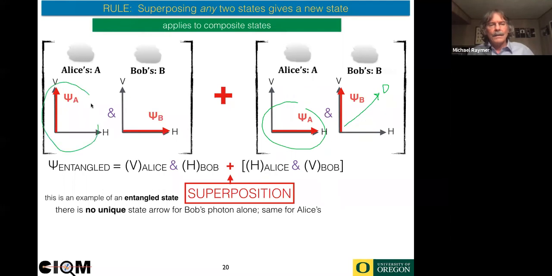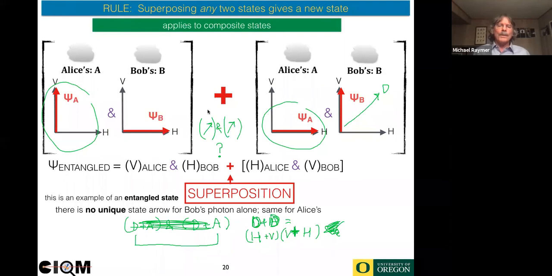Alice's state could still be V or H. But it's not the case. You might say, well, let's just make them both D. Okay, let's say we have D and D. Let's say we think that's the right way to state it. You see, now we wouldn't need a superposition. Is that valid? No, that's not the same state as the one I've shown here.